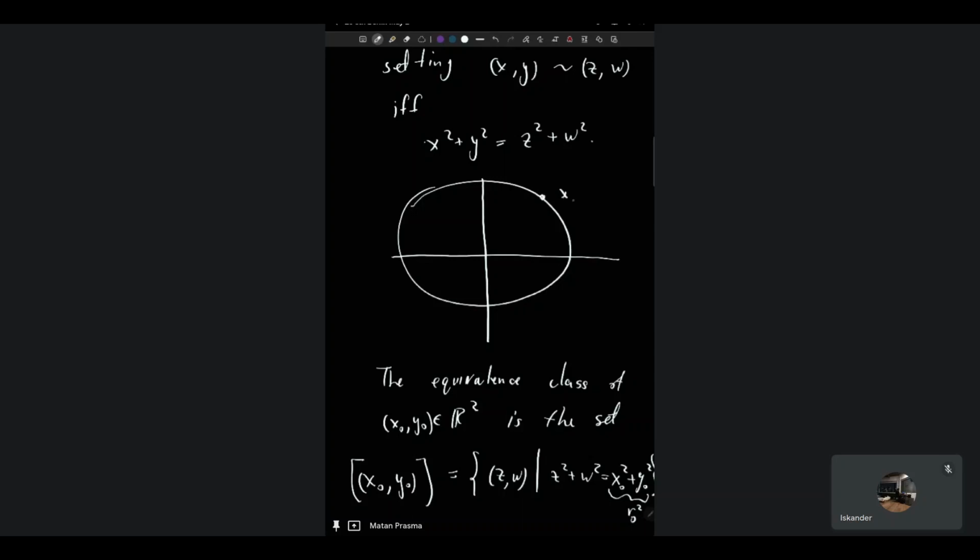It's all (z, w) whose distance from the origin is r0. And in fact, somewhere on this circle lies also (x0, y0), because x0, y0 also satisfy that x0 squared plus y0 squared is equal to r0 squared.